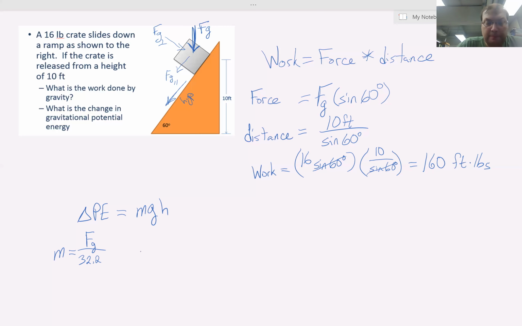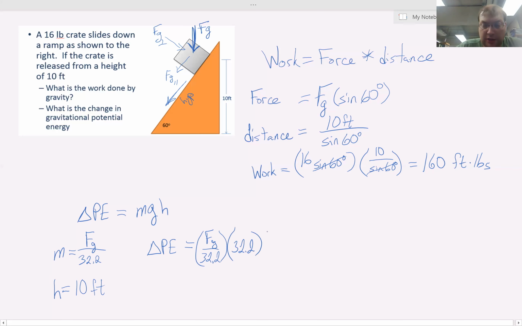If we go into our equation now, we have everything, because height is nothing more than the 10-foot change that we have. So what we find is the change in potential energy is this force of gravity divided by this unit conversion to go from pounds force to pounds mass, 32.2, times g, which because we're in US customary is also 32.2, times our height, which is 10.